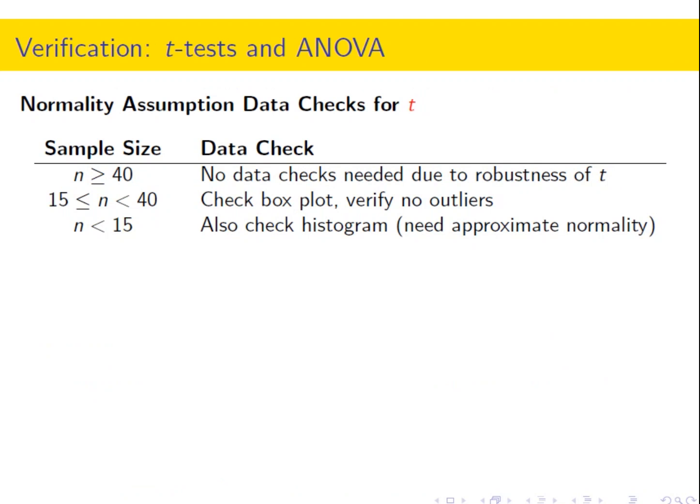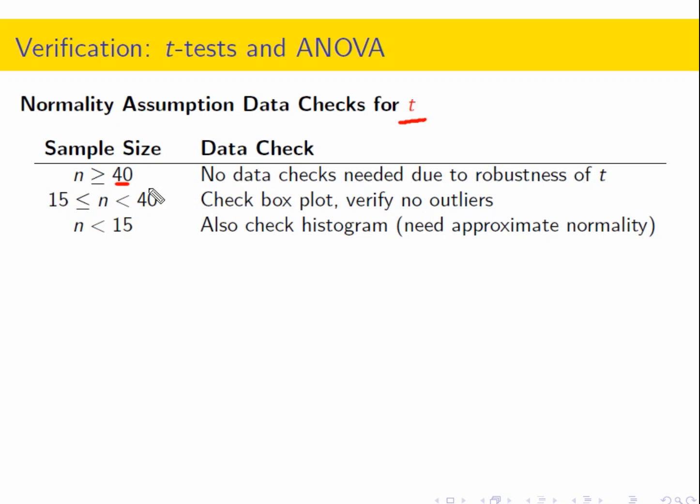So for the normality assumption, specifically for the t-test, anytime our sample size is at least 40, we don't need any data checks at all. The t-test is so robust that, no matter what the underlying distribution is, as long as the sample size is at least 40, the p-values are going to be accurate.